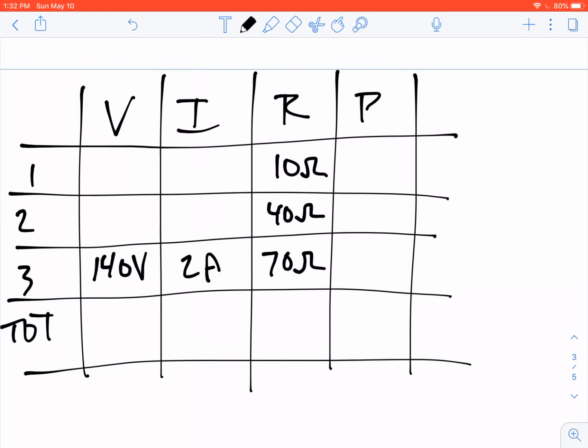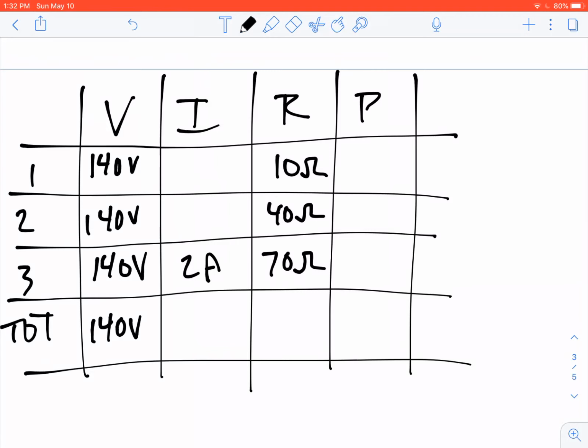Then we can use the voltage rule for parallel circuits to see that we have 140 volts across each individual resistor as well as across the entire battery. All right. Then we can use the V equals IR formula to solve for the currents in each individual resistor.